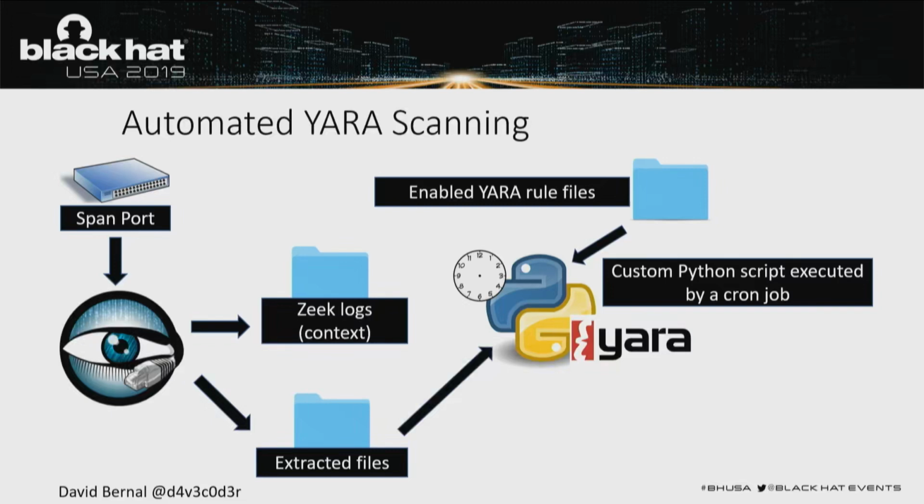And if there is any match, it will go to the Zeek logs and get additional context, such as the IP addresses that were involved, the URL, the domain name, user agent, and other fields, and will copy those alerted files to another folder so that they can be retained for a longer period.